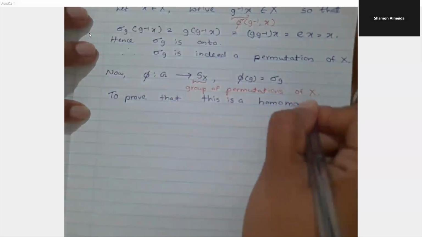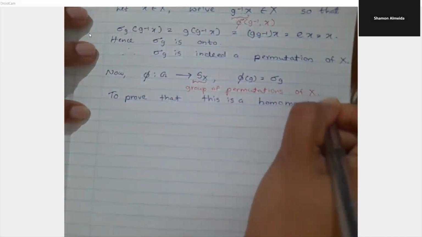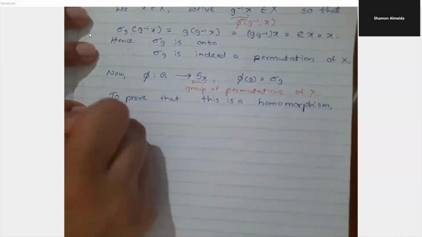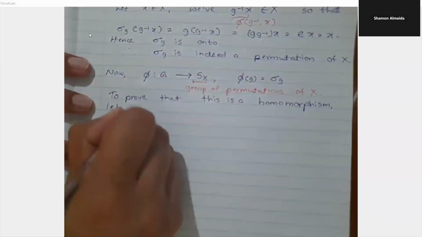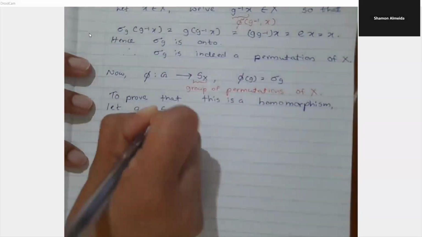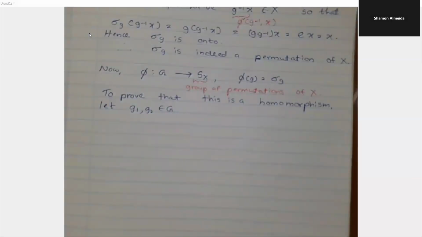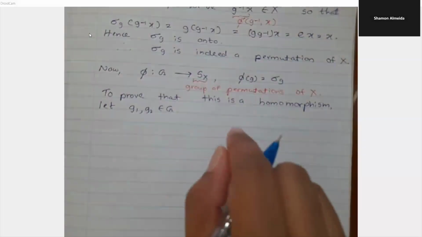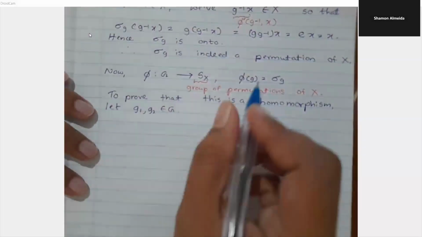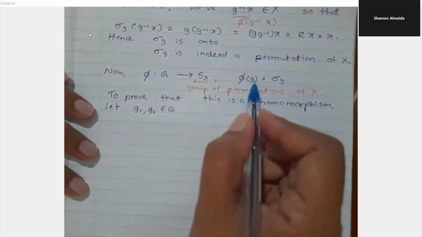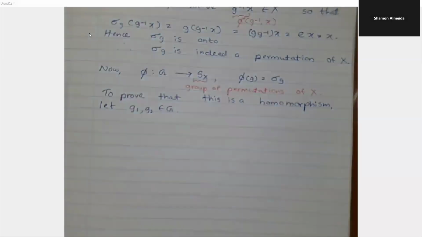Let's take any two elements g1, g2 from G. We want to show that phi of g1g2 is equal to phi of g1 times phi of g2.